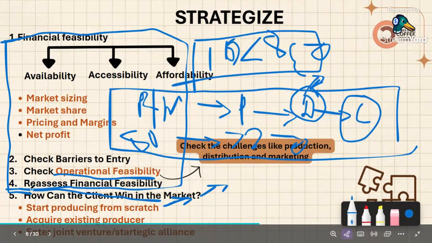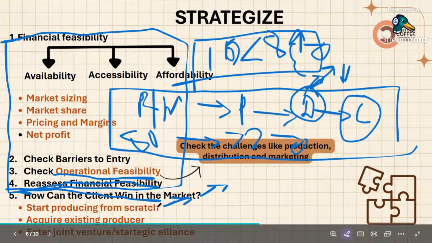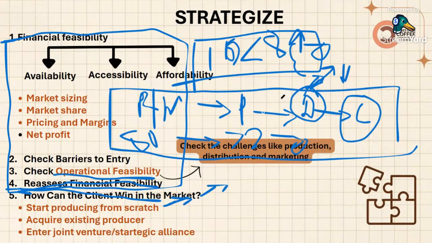To this instance, we were like, financially it is not feasible. But later we figured out, after acquiring one of the companies, our distribution channel will be improved. Since our distribution cost got reduced, our cash flow, which was 8 CR, got increased due to this specific acquisition of an existing producer or existing player.